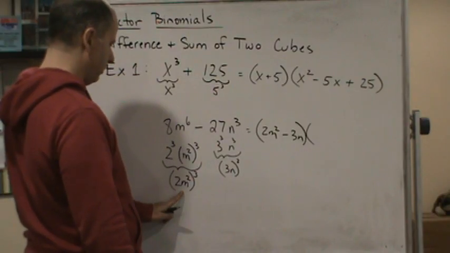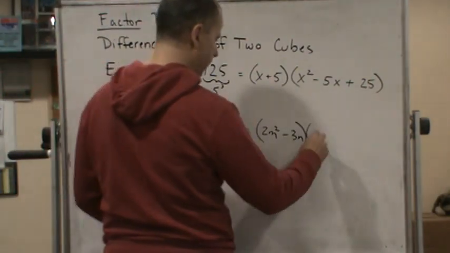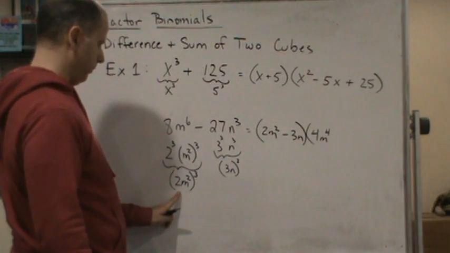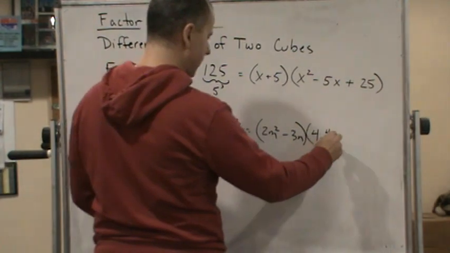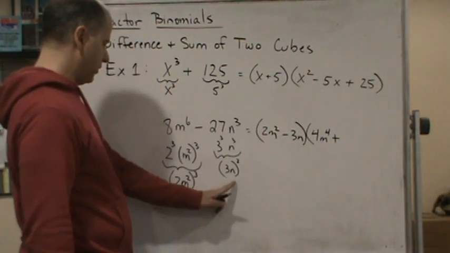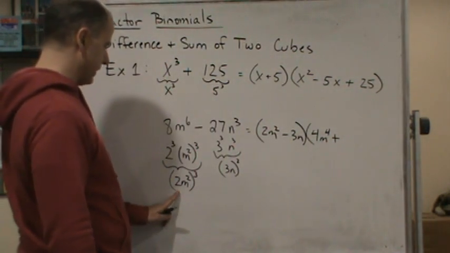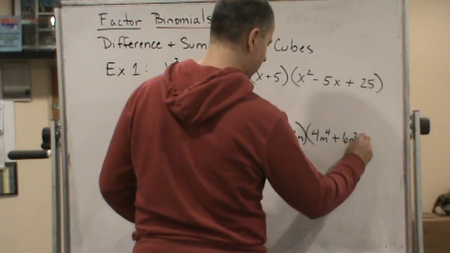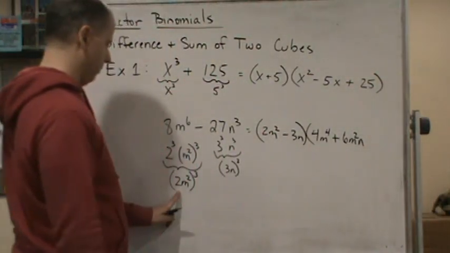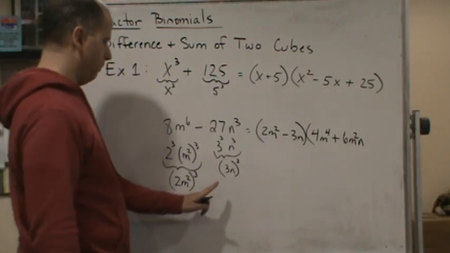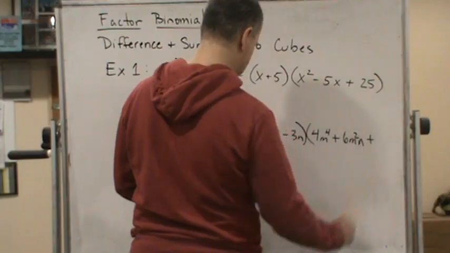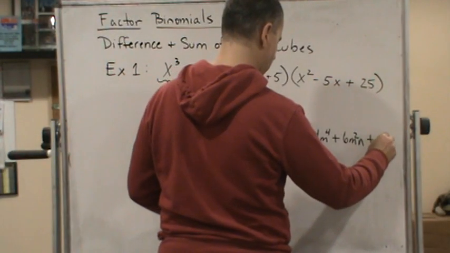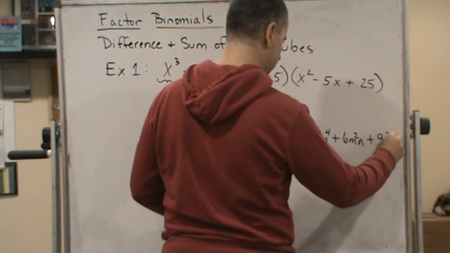A squared, which is going to be 4m to the 4th, plus these two multiplied, so it's going to be 6m squared n, and then plus 3n squared, which is 9n squared.